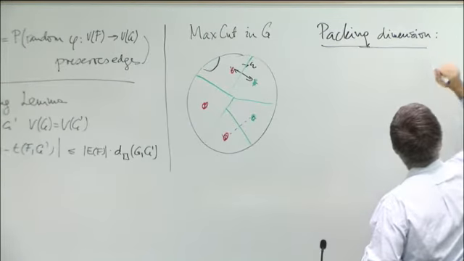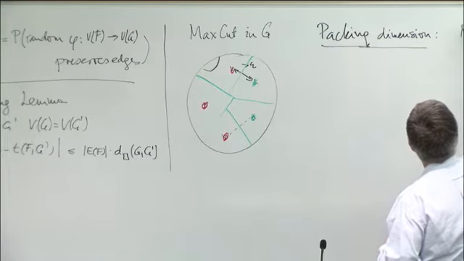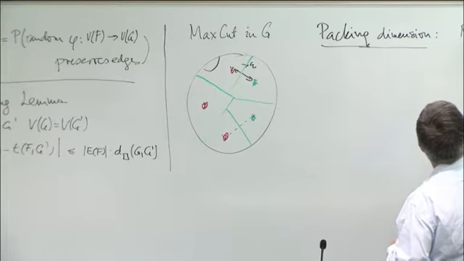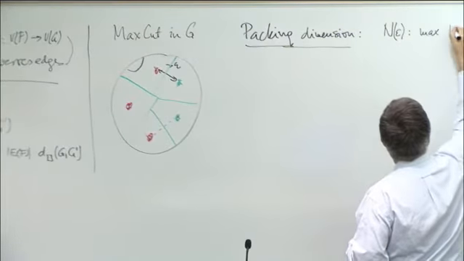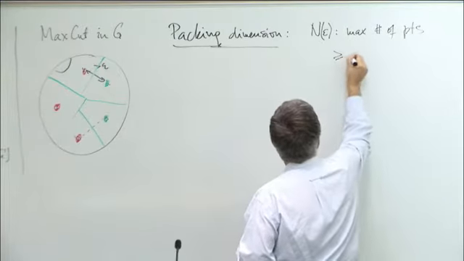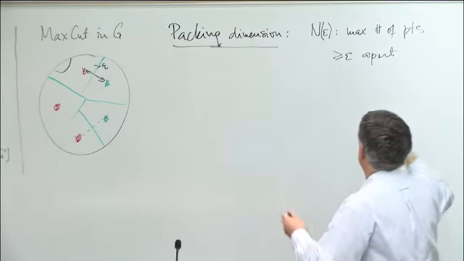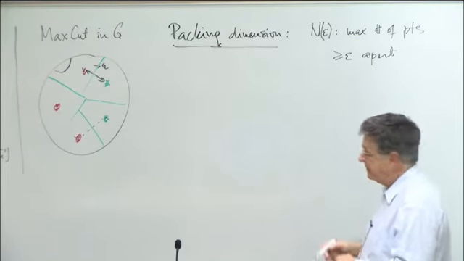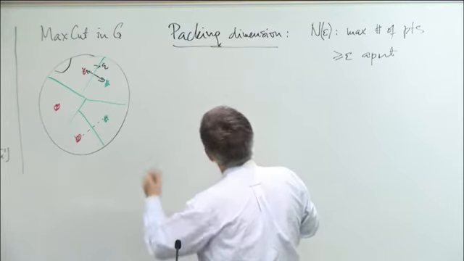And the packing dimension is defined as follows. So first we define a function N of epsilon, the maximum number of points at least epsilon apart. Assume it's a finite number, so it's say a compact metric space, finite.